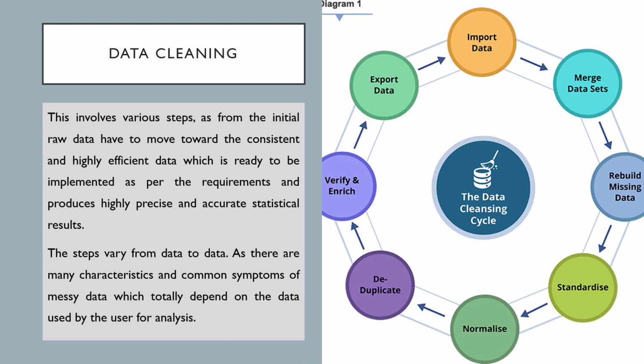So the steps vary from data to data, as you know. I can have some very messy data set, and depending on how it is structured, these steps vary. There are many characteristics and common symptoms of messy data which totally depend on the data used by the user for analysis.